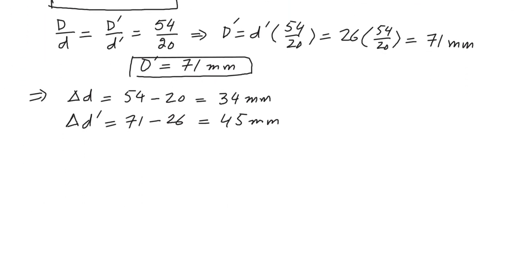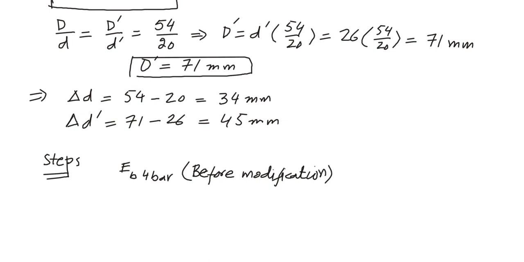Now I'm going to summarize these steps. What did we do? In the first step, we determined E_B at 4 bar before the modification. For this, we used U_B at 4 bar, capital D, and small d, which are the dimensions before the modification.